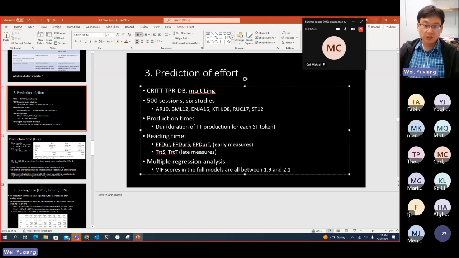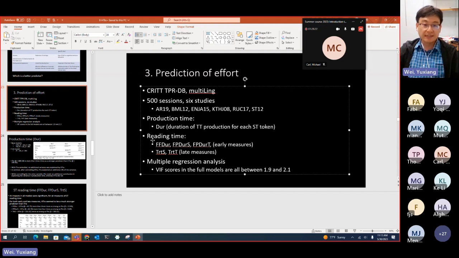That indicates some of the early processes in the cognitive mechanism. And we also have the total reading time on both the source and the target, which means the totals, the sum of all the fixations on this word from the eye movement data. And that will include some of the late processes in addition to these early processes.